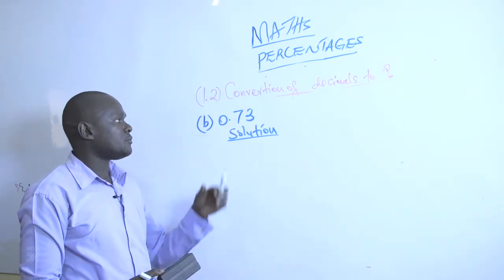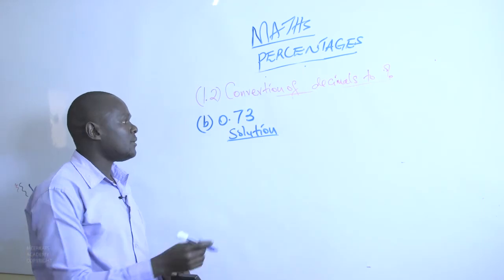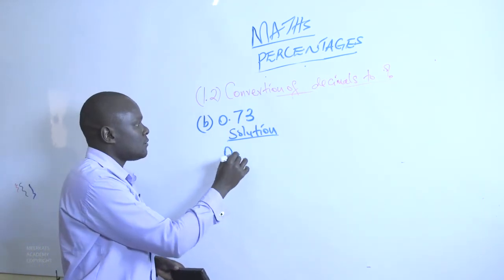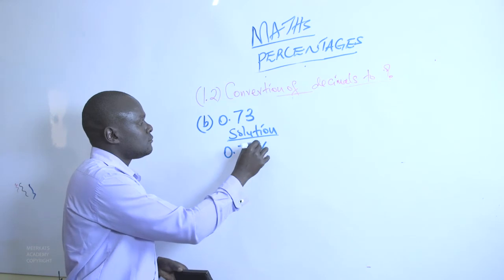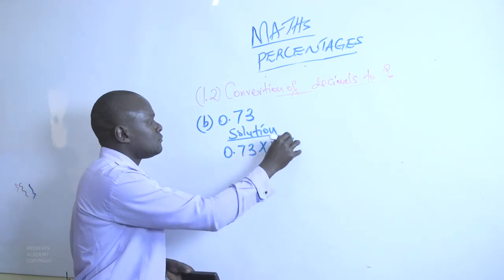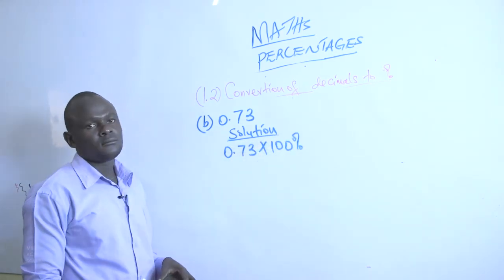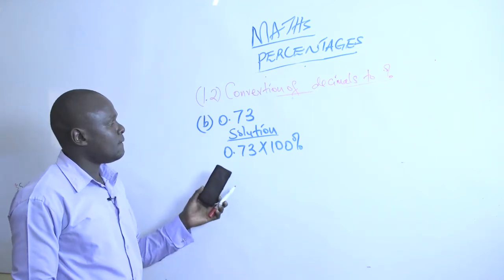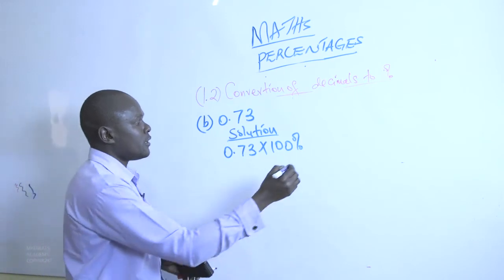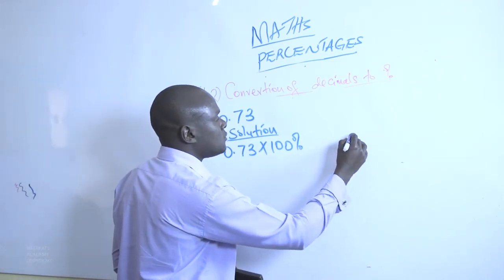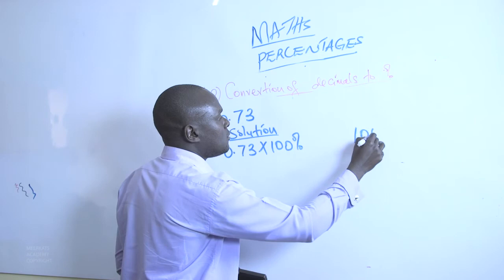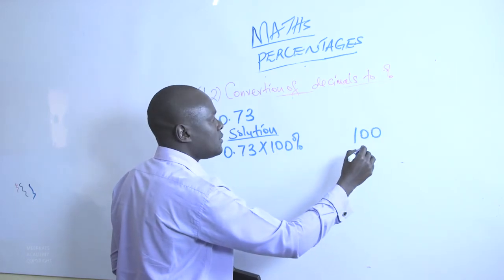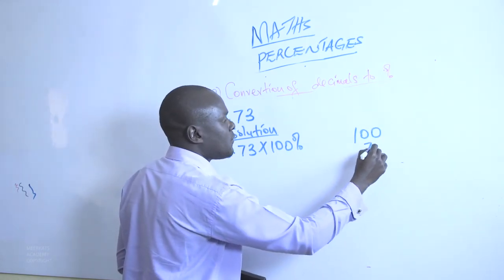This involves multiplication of that particular number by 100%. And you can use a calculator, or we can do it manually, which is the same as 100 multiplied by 73.